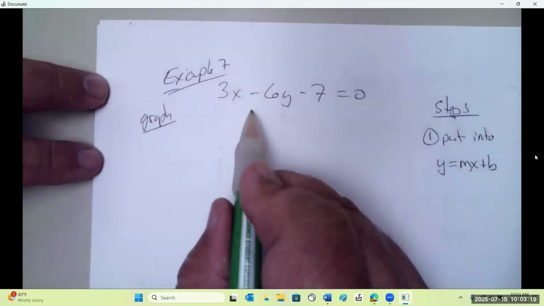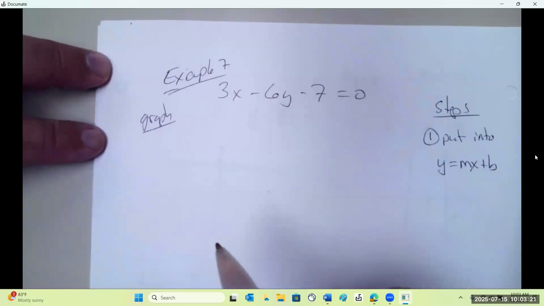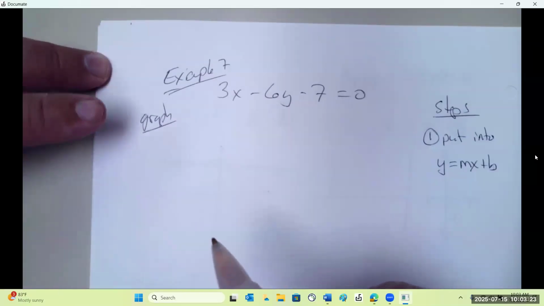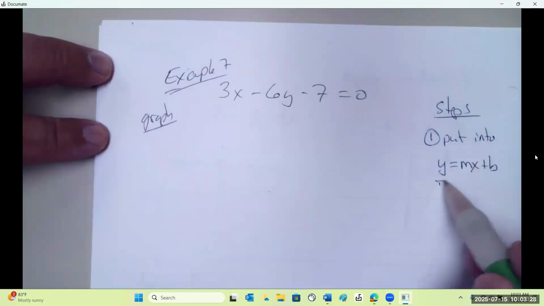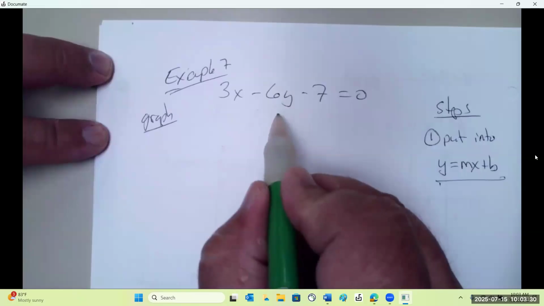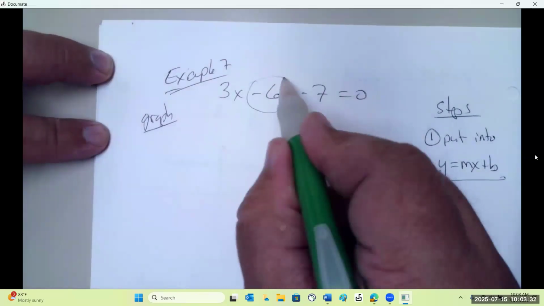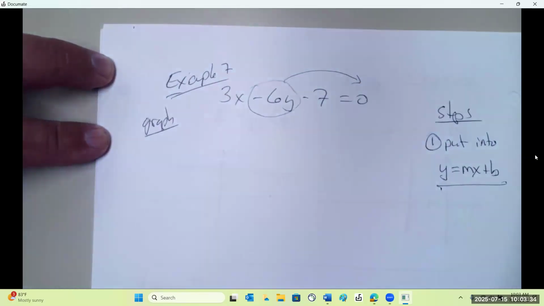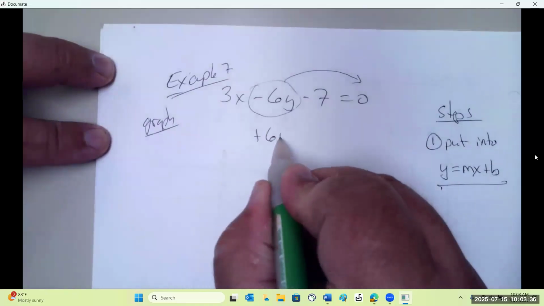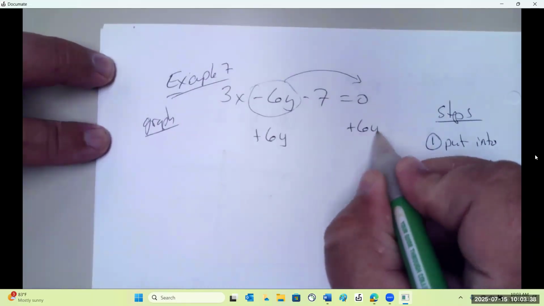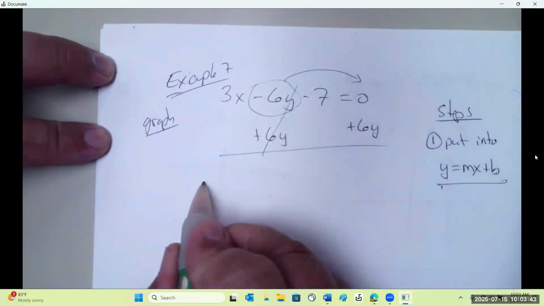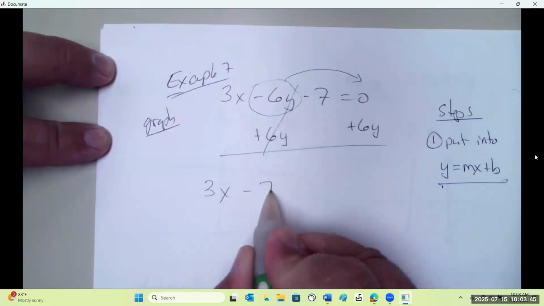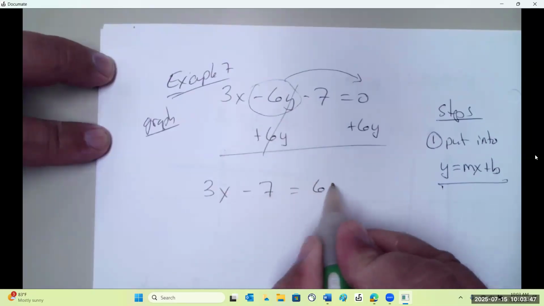Solve for y first. So in order to solve for y, what do we have to do first? x equals 0? No, you're doing the intercepts now. We're putting it in this form. We want y to be positive, right? So let's move this one over. Let's add 6y to both sides. So we have 3x minus 7 equals 6y.